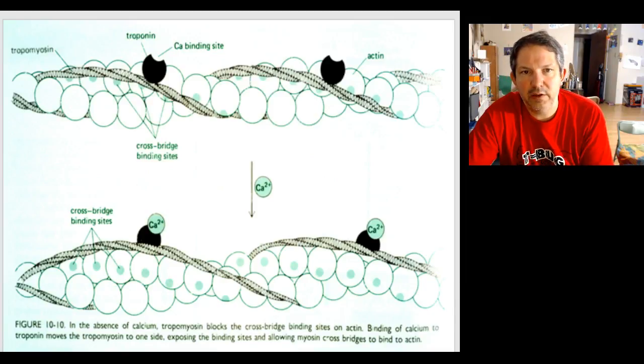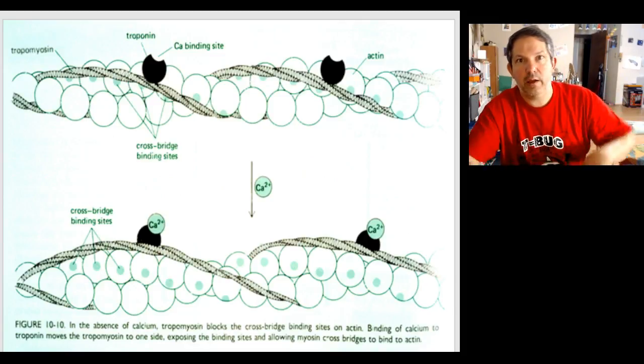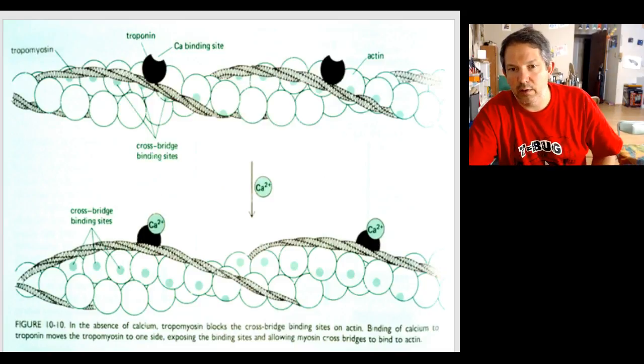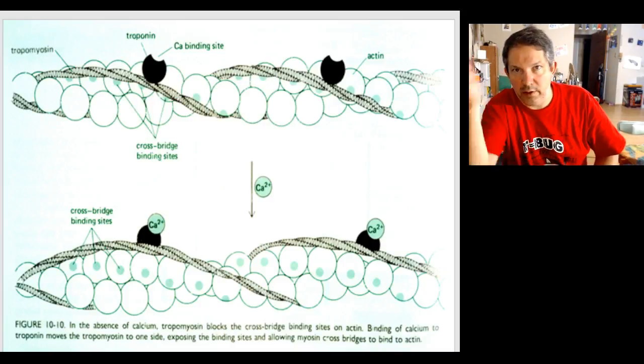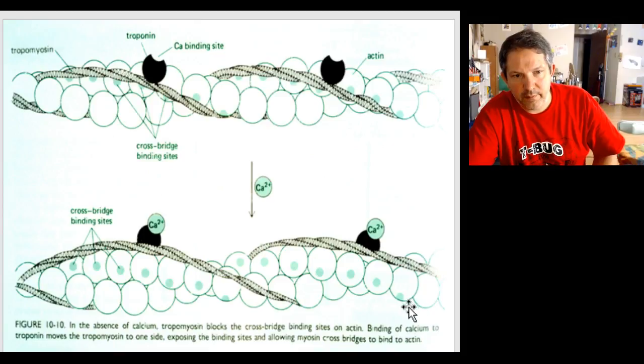But again, here's the tropomyosin, this ropey protein covering up the binding sites so that myosin heads cannot bind to them. In the presence of calcium, whoosh, ta-da, it's uncovered, and myosin immediately grabs on. Can't help it.